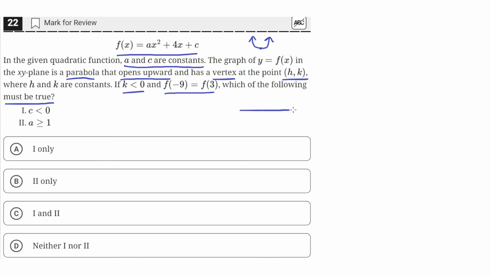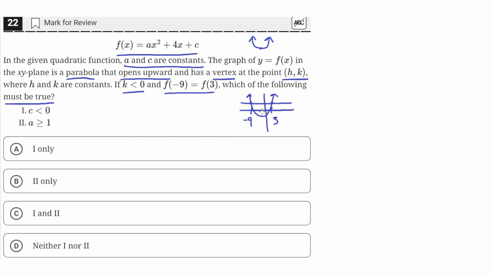So what this is saying is that our parabola on the xy plane, say it looks something like this, it's telling us that at an x-coordinate of negative 9 and an x-coordinate of 3, the function, say these 2 points, have the same y value. The value of f of x at negative 9 and 3 is the same.